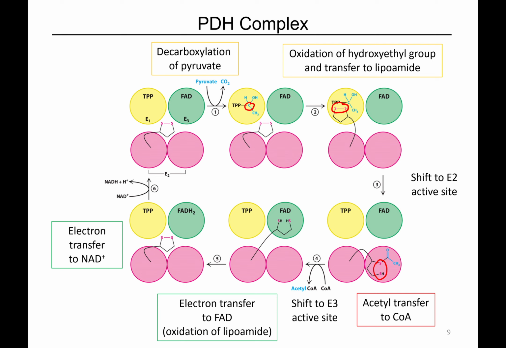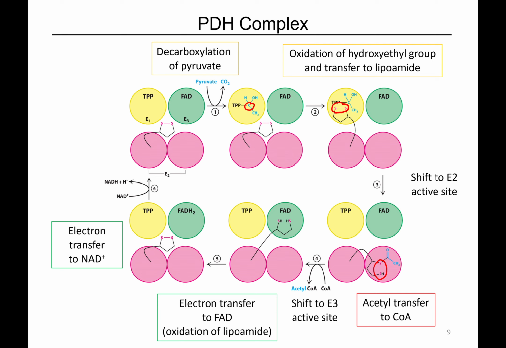Okay? In the next step, we take our C2 unit, our 2 carbon unit, and we transfer it from our lipoic acid onto coenzyme A. So coenzyme A, a reactive thiol, comes in and simply replaces that sulfur of lipoic acid. We break the thioester bond with lipoic acid, and we make a new thioester bond with coenzyme A. Acetyl-CoA exits the active site.